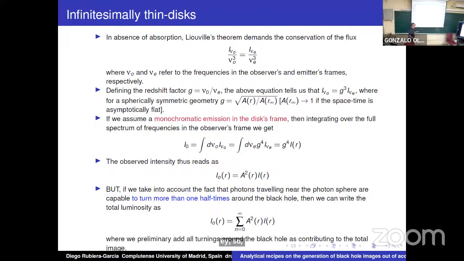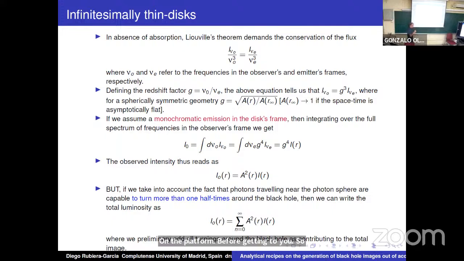But there is another ingredient in the game. This would be true if photons were emitted from the disk with some lensing to us. So we just need to take this factor into account, the square, and get the total intensity on our screen as a function of the radius or of the impact parameter. The point is, because the disk is transparent to its own radiation, photons can travel several times around the black hole before getting to you.